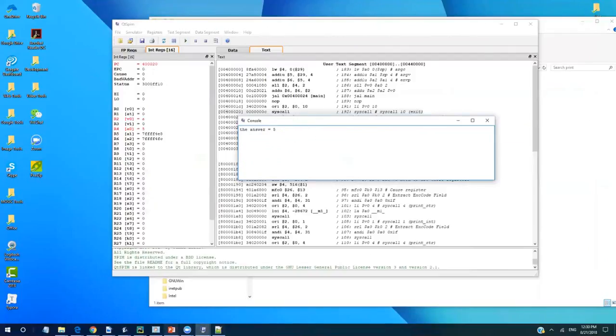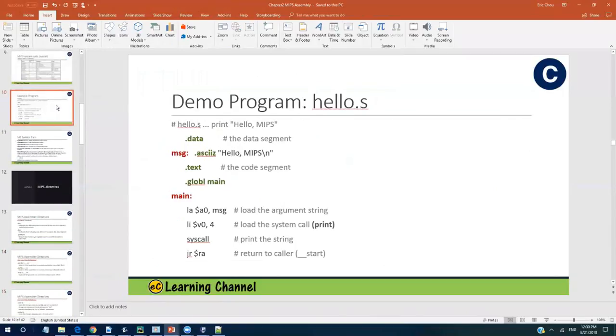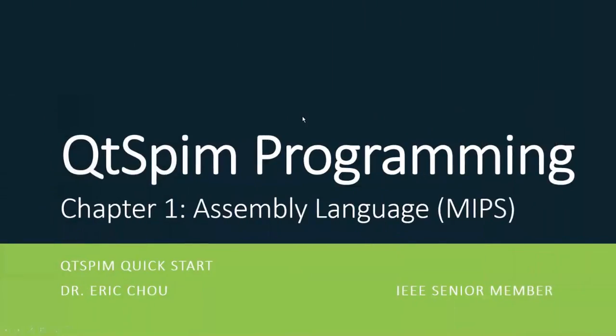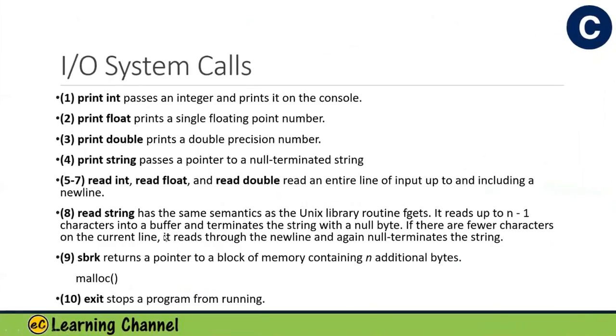And then let's look at our slides. So that's what we have. Okay, and here are different system calls. Just remember that these are a few I/O functions that you can use, okay? And number 9 returns the pointer of a block of memory.